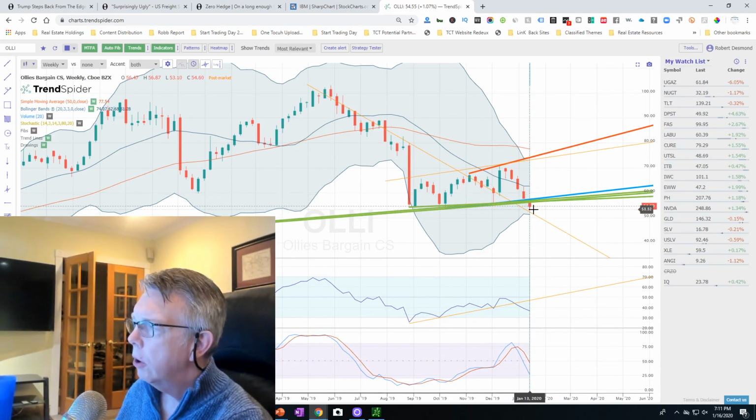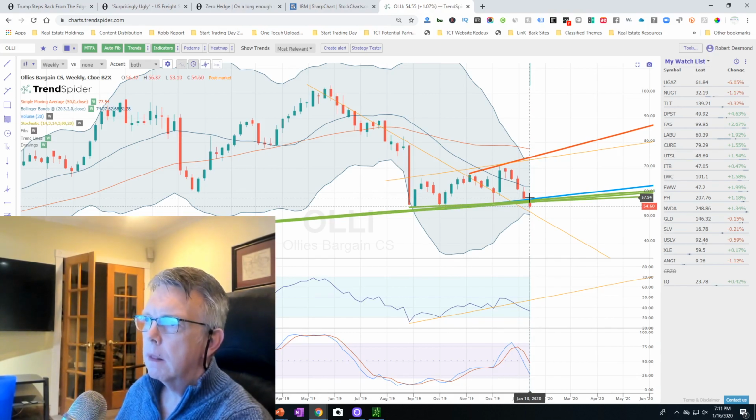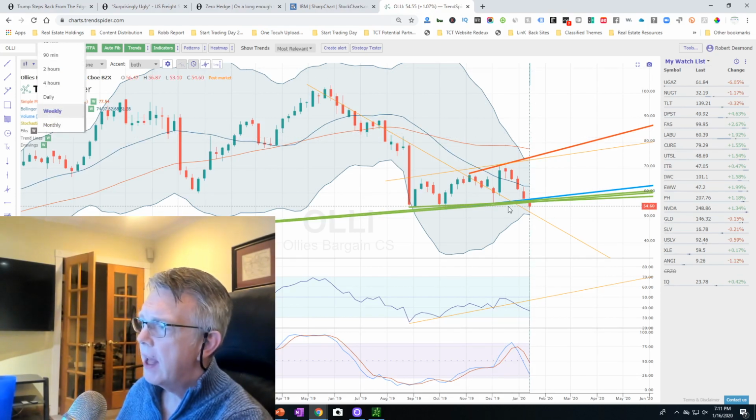You need to see it close by the end of business tomorrow back above this support level, and that's at around 57.94. I'm not sure of the beta, the volatility of this stock. It looks pretty volatile, so it's possible. Let's go to a daily chart, and note how close we are to retesting the breakout point. We broke out here. Now we're pulling back several weeks later.